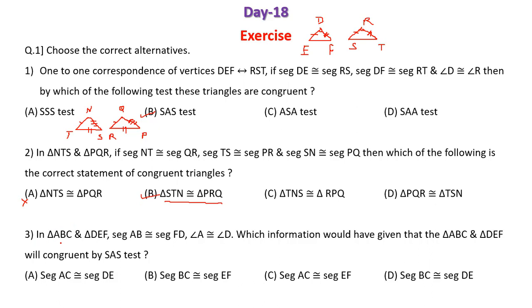Now third one. In triangle ABC and triangle DEF, segment AB is congruent to FD, angle A congruent to angle D. Which information would have given that the triangles ABC and DEF are congruent by SAS test? Now again we draw here triangles in this way.